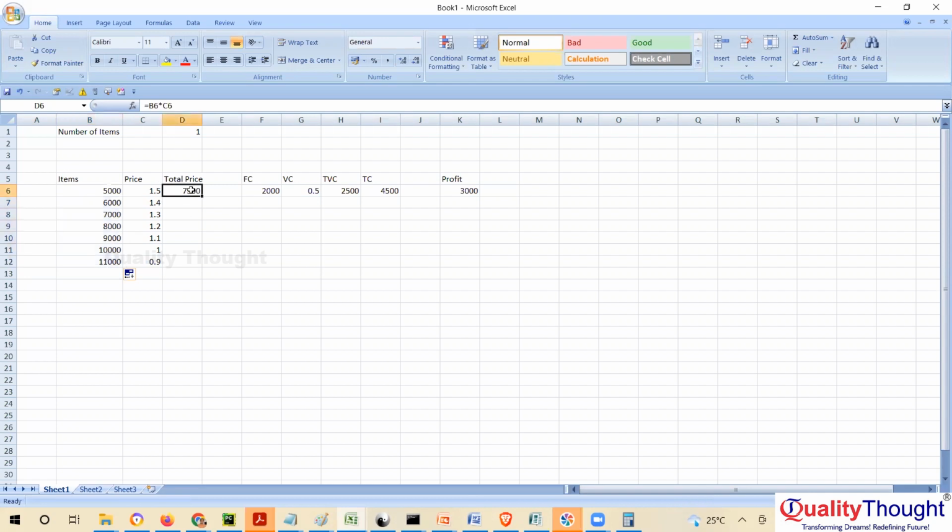And total price is nothing but price into quantity, right? So 1.5 into 5, 1.4 into 6, these are your total price. Right here you see 9,000, 10,000.